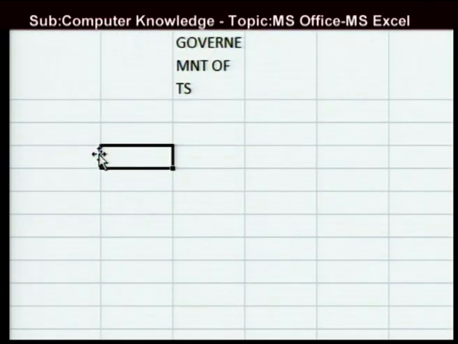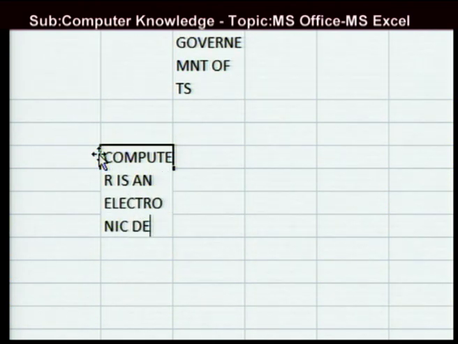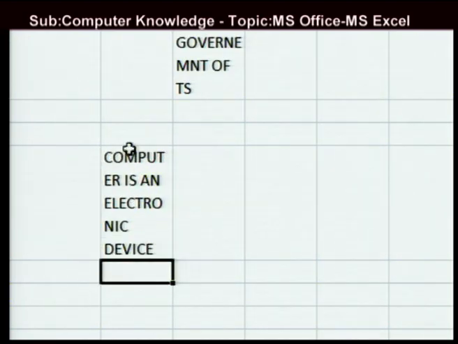So, now we write here: computer is an electronic device. So, this whole matter is in only one cell. How?